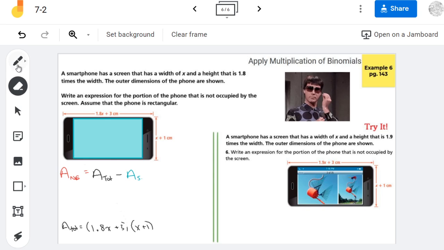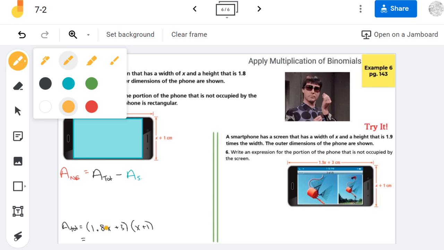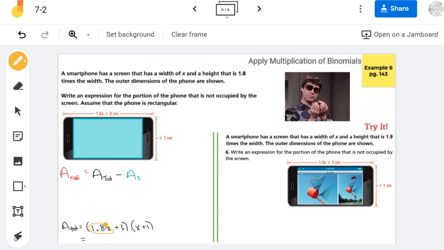And this is where we're using that distributive property that we've been practicing, right? So to start out, I'm going to take the 1.8x and multiply it to each term in the second set of parentheses. So 1.8x times x is 1.8x squared, and 1.8x times 1 is 1.8x.